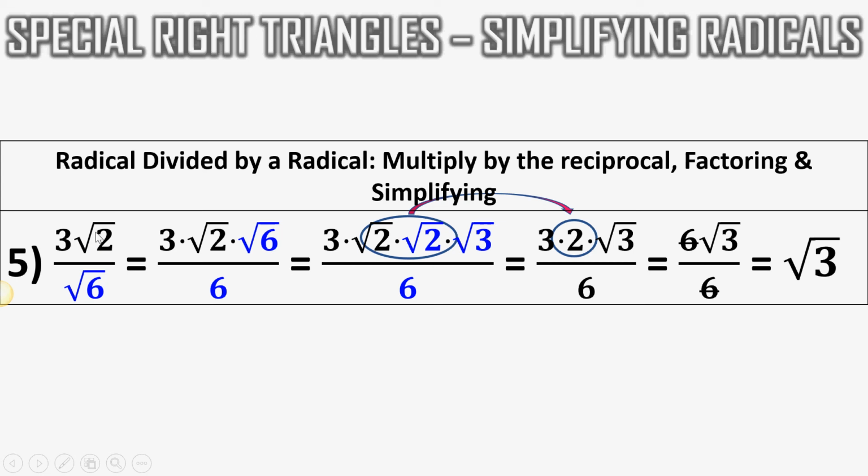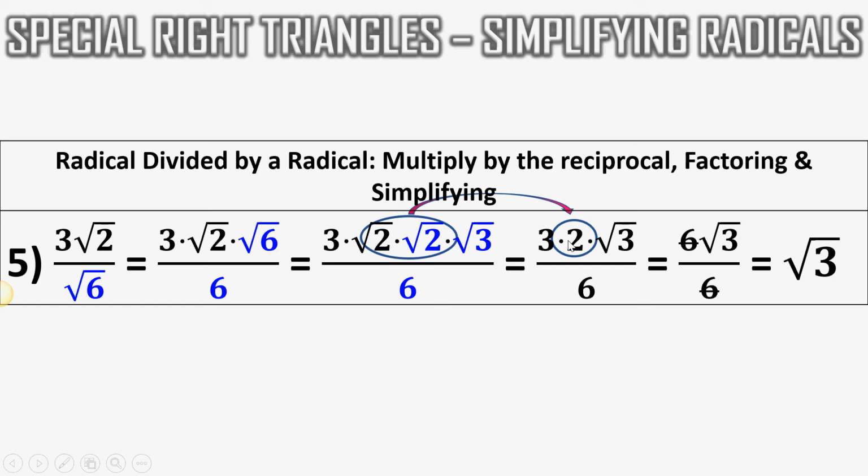Okay? So if I divide by radical 6, I'm going to use that trick we just said. Slide the radical to the top, pull the number out. Well, what I did over here was I took that radical 6 and I factored it to 2 times 3. Because remember we said if we see the same radical twice, we can get rid of it and write it once outside of the radical.